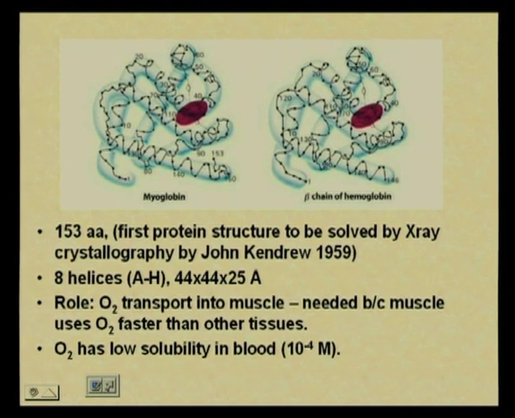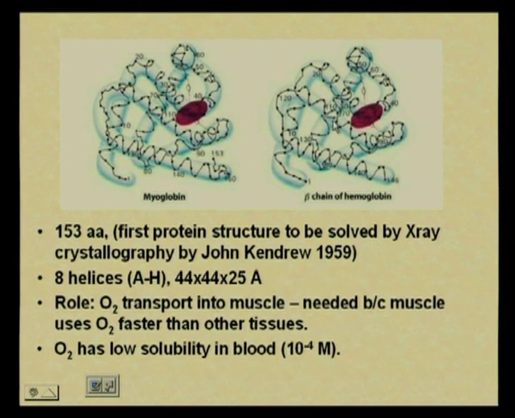Now, what we have here on the right hand side is the beta chain of hemoglobin, just the beta chain. You see how similar it is in structure to the myoglobin polypeptide chain. Okay?